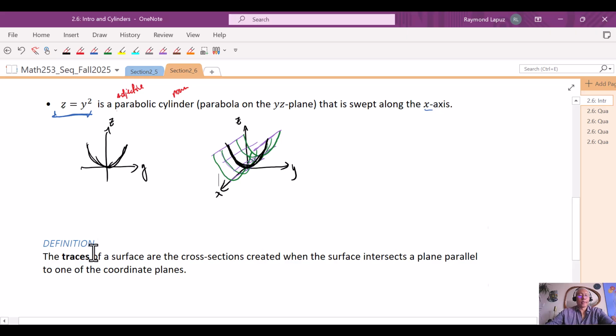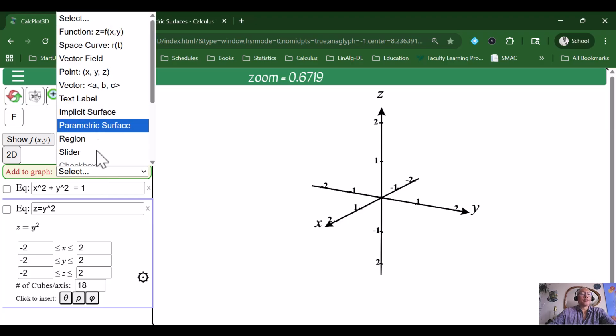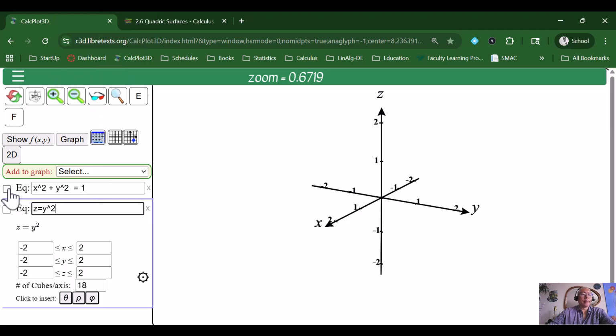Let's take a quick peek at our graphs in CalcPlot 3D. We're continuing to graph implicit surfaces, and here I have it already set up.